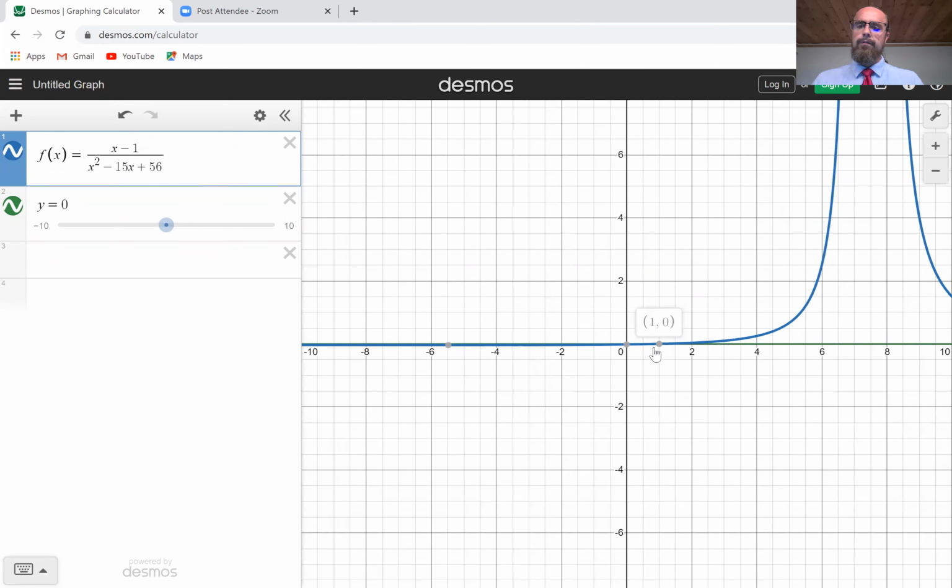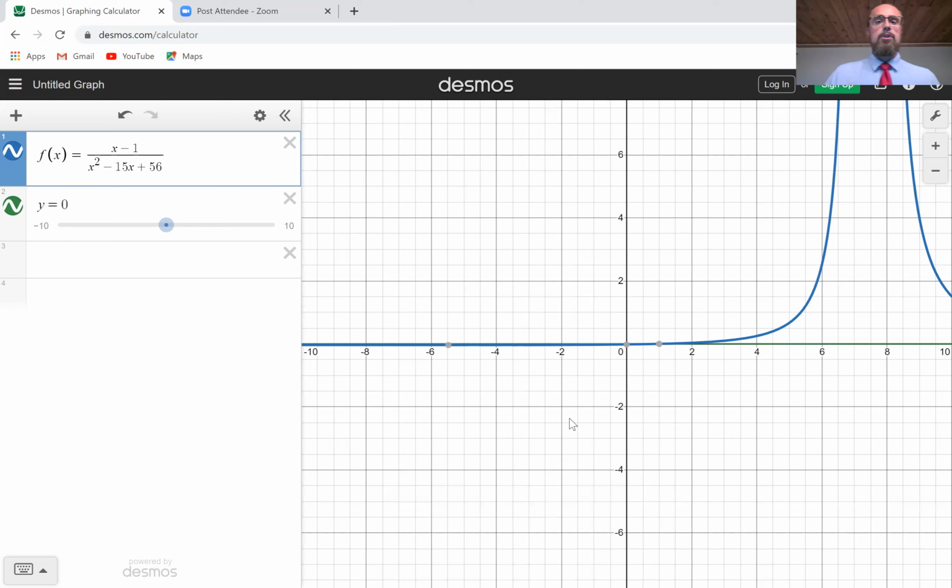Left of 1, if I just trace on the graph, I notice that it actually crosses through the asymptote and approaches it from below. So I can see that the y value for all these points to the left of 1 is negative.